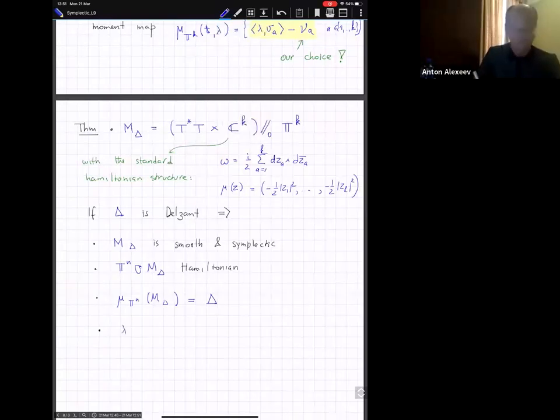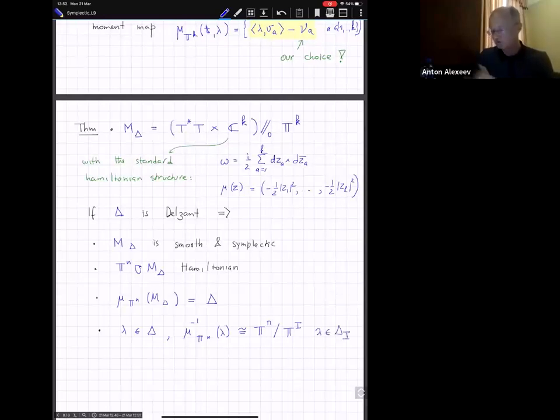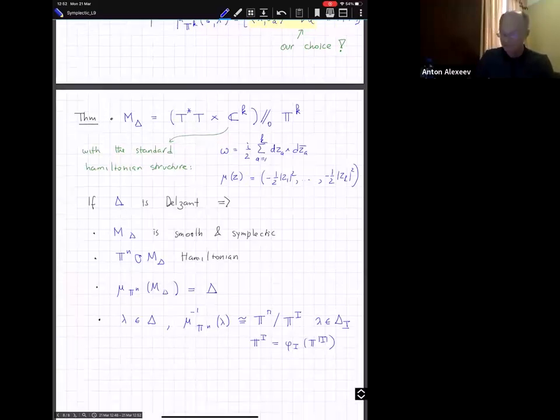Then for lambda in delta, the pre-image under the moment map of lambda is isomorphic to Tn modulo T_I for lambda in delta_I, with T_I being the image of the corresponding group homomorphism under phi_I.